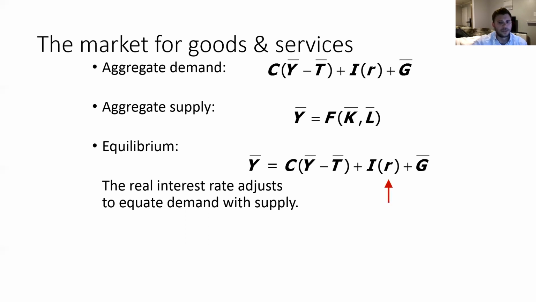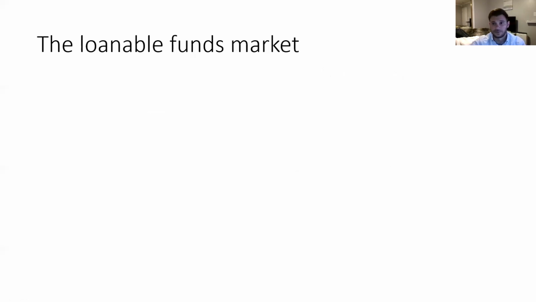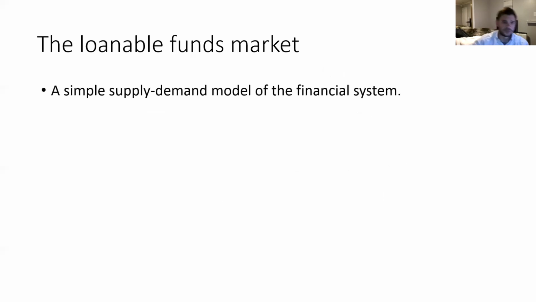Okay, the interesting thing that we saw in class was that this market equilibrium, where supply equals demand in the goods market, also implied that we're dealing with an equilibrium in the financial market, in this market for loanable funds. The market for loanable funds was another way of using a simple supply and demand framework to think about capturing the financial side of the market activity.